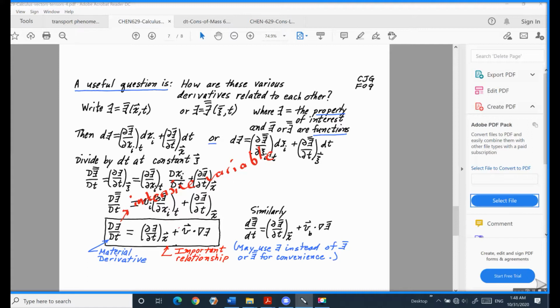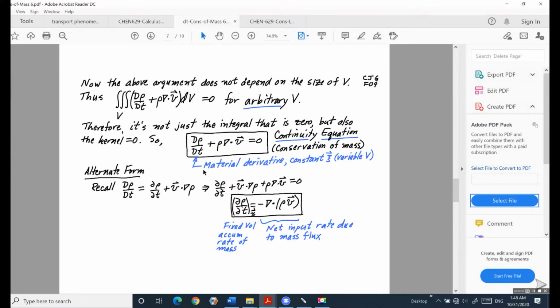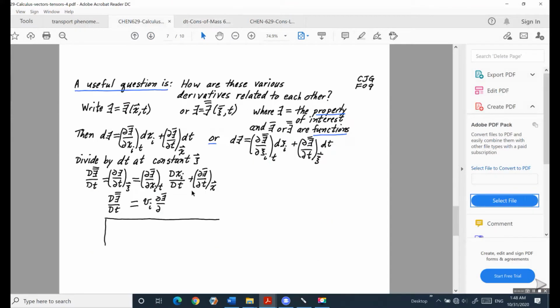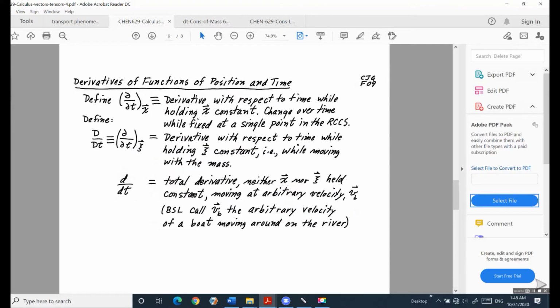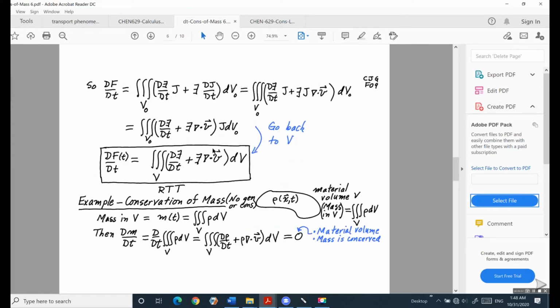We obtain this relation here. This is an important relation, just keep it in mind. And then we obtain the Reynolds transport theorem.